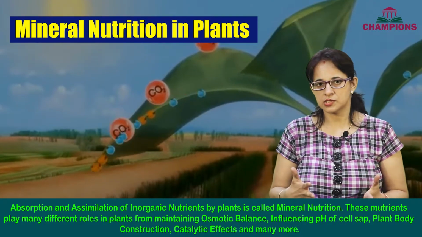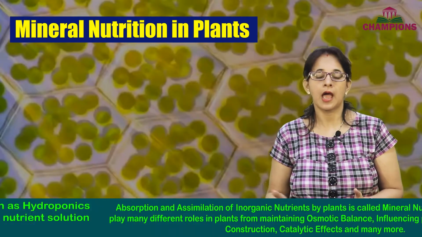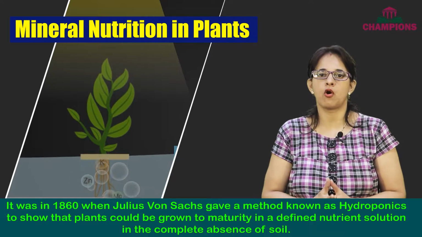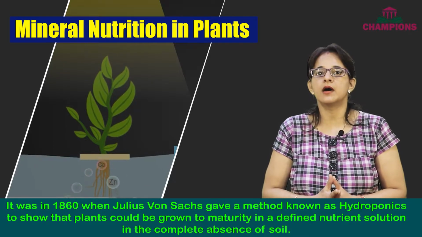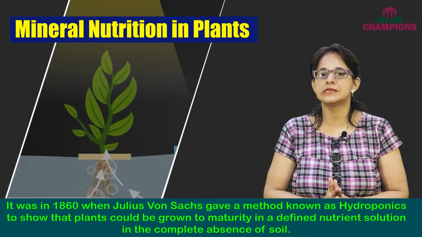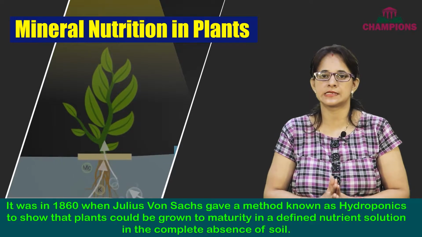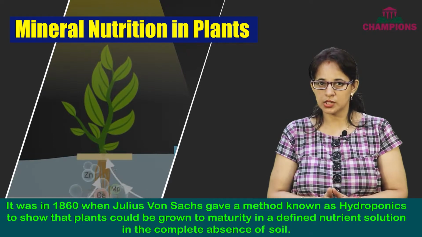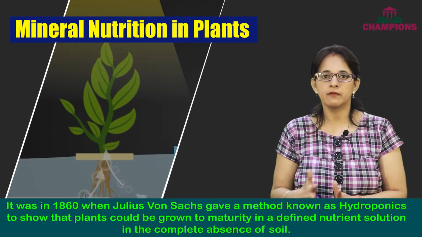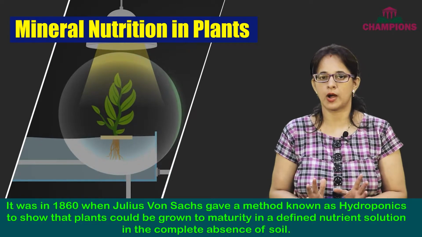All these functions are performed by different nutrients, and it all happened in 1860 when Julius von Sachs discovered a new technique by which plants can be easily grown in a soil-less medium. This means we can grow the plants in an artificial nutrient solution medium where soil is not required at all.